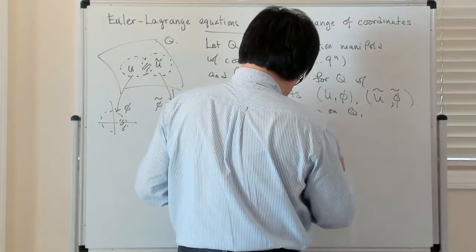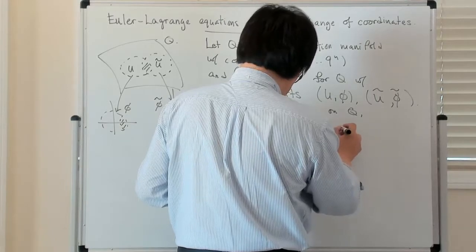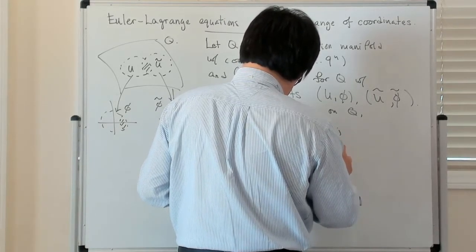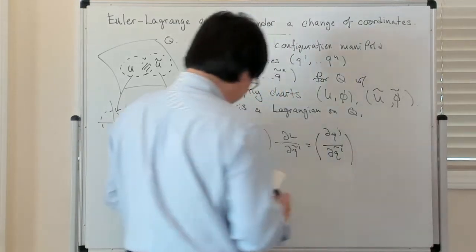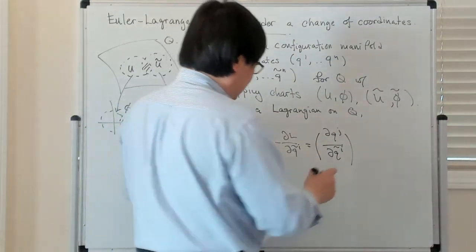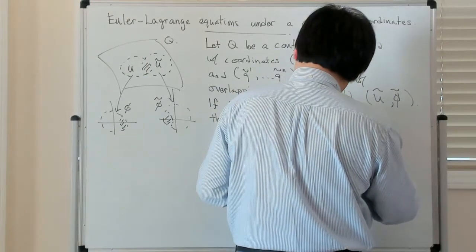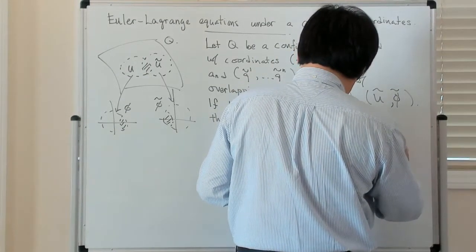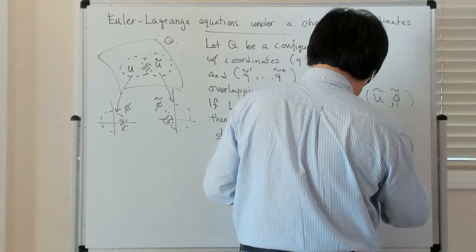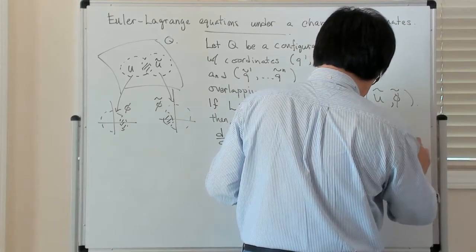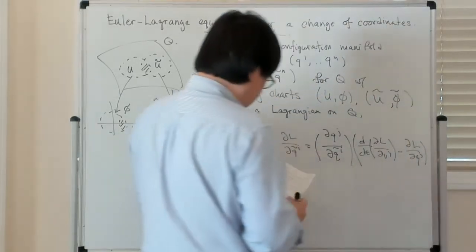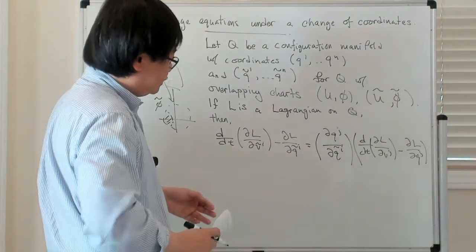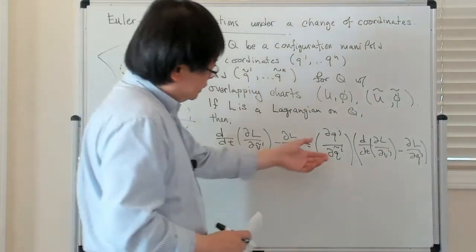This is equal to ∂qj/∂q tilde i times the following: d/dt ∂L/∂vj minus ∂L/∂qj.